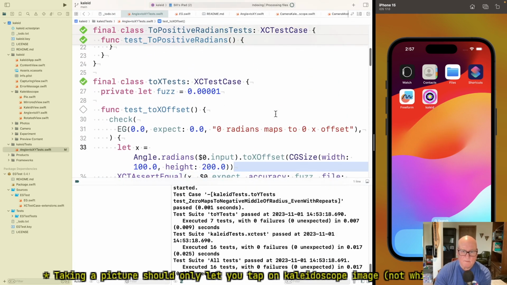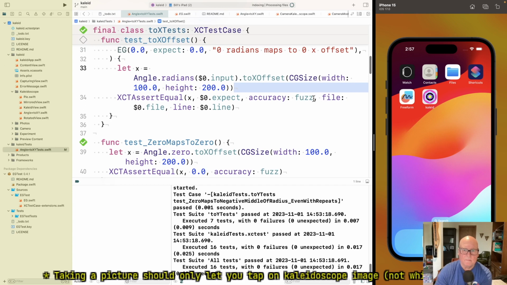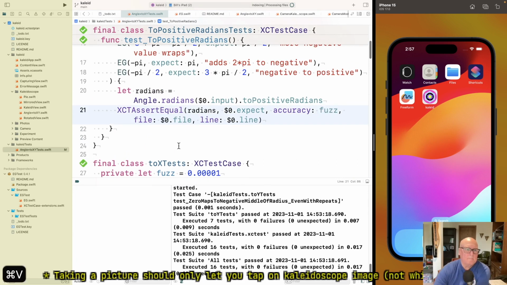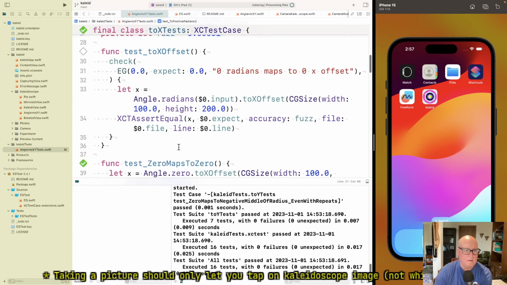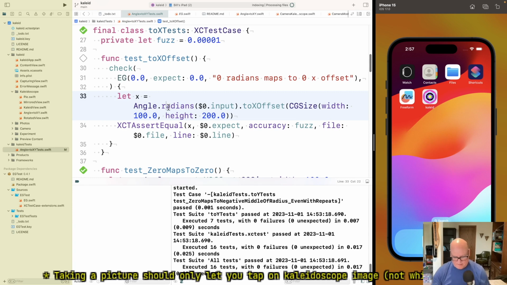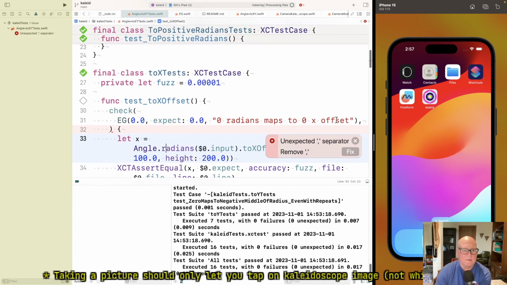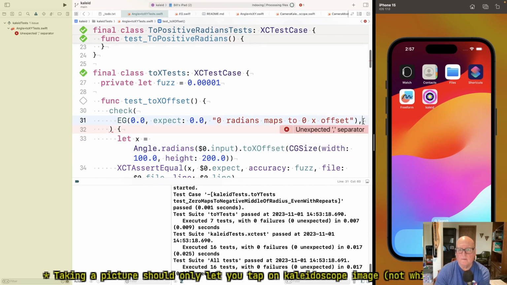And this should do the same thing up here. Okay, let's run these tests. Unexpected comma separator. Really?